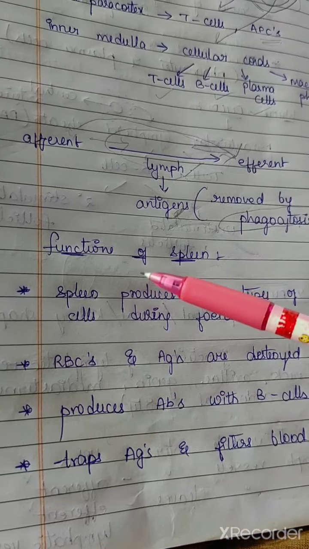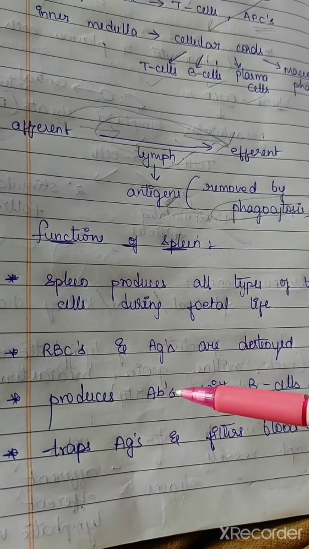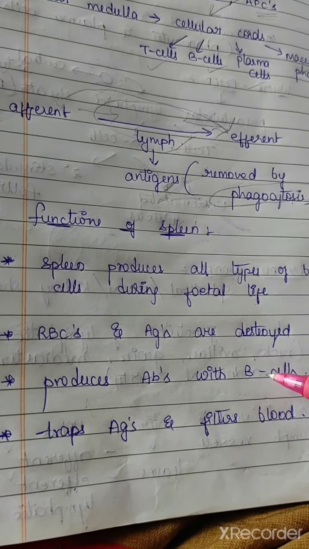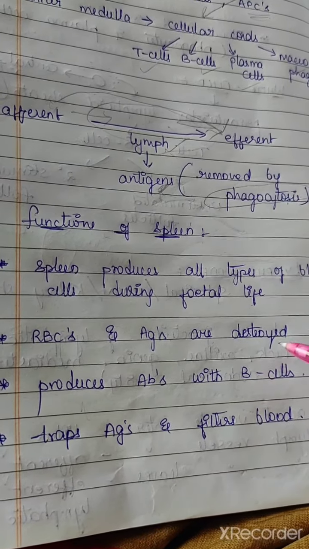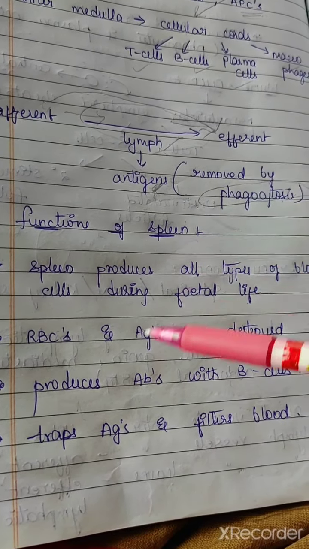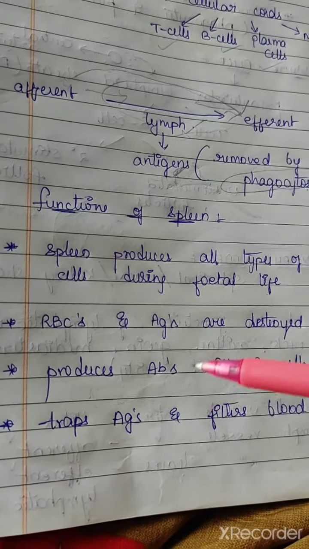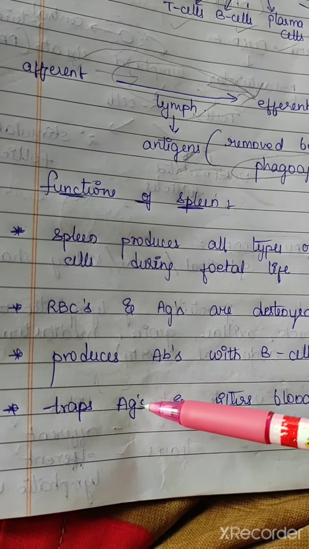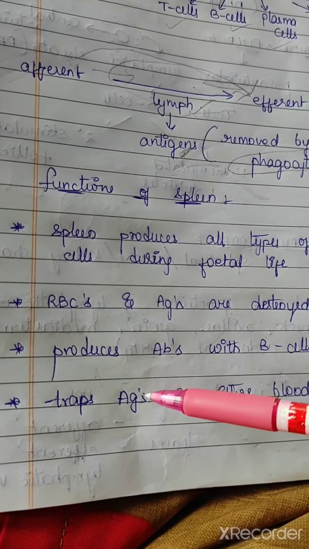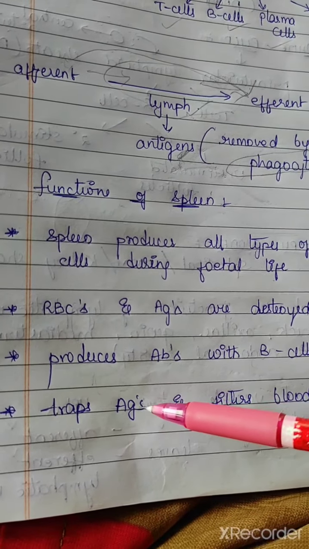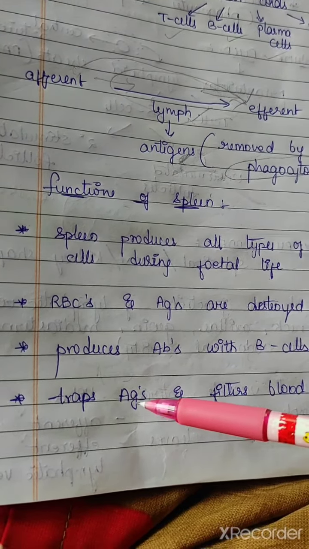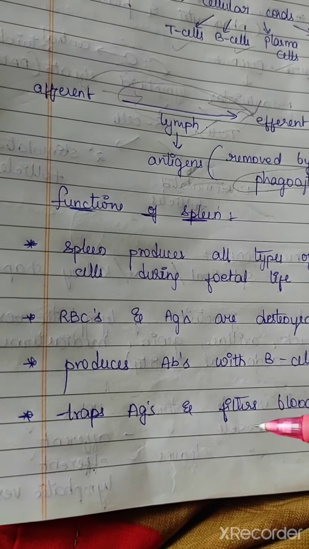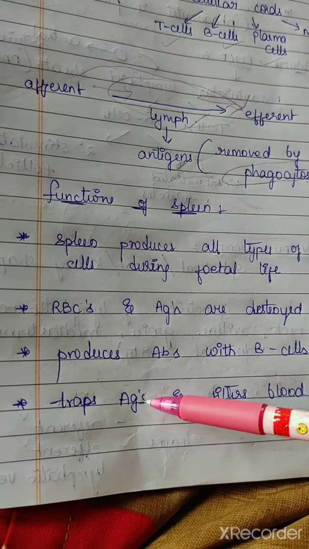This spleen is also helpful in producing antibodies with the help of B cells. These B cells present in the spleen will be producing the antibodies, and these antibodies will be reacting with the antigens which are entering into the spleen through blood, and this gives out pure blood free from antigens.